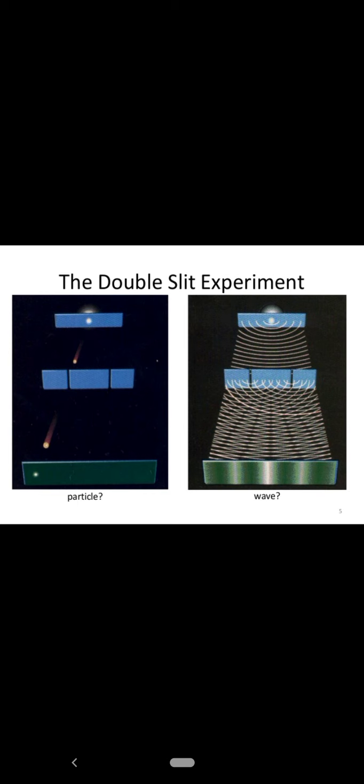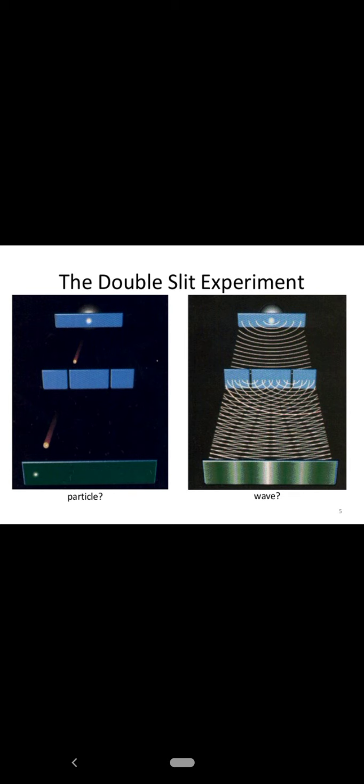This is the famous double slit experiment, where the wave nature of light is considered. Here the nature of light is considered as both particle and wave, and the results for both cases are shown. If light is considered as a particle, then it will cross through one of the slits and produce a center dot.